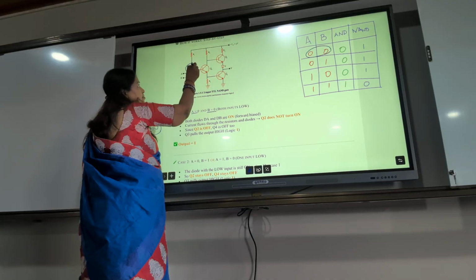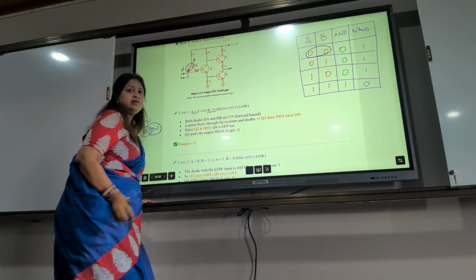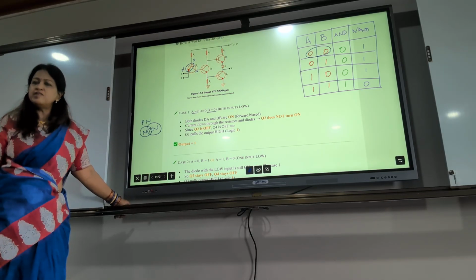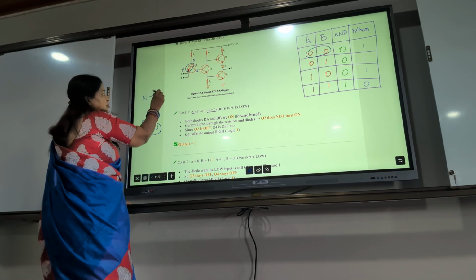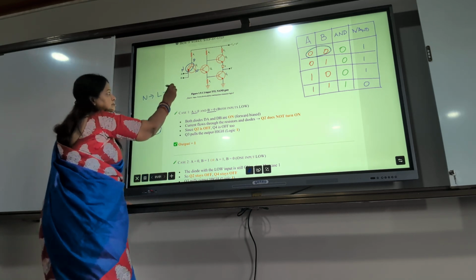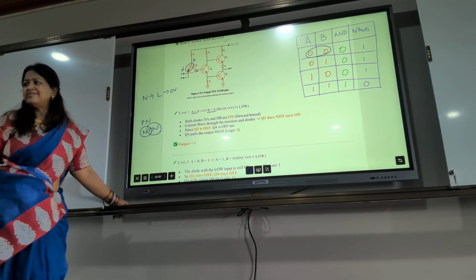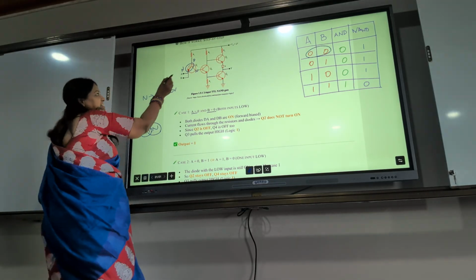Now inputs are 0 0. That means in the NPN transistor, N is connected to low or zero, so the junction is forward biased.